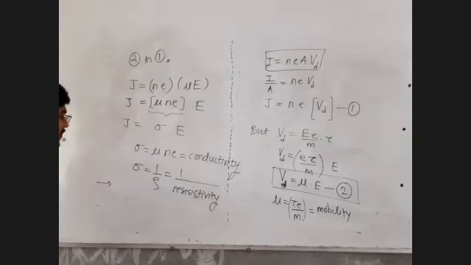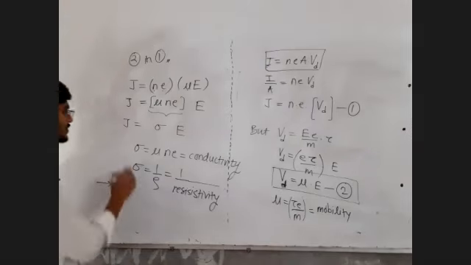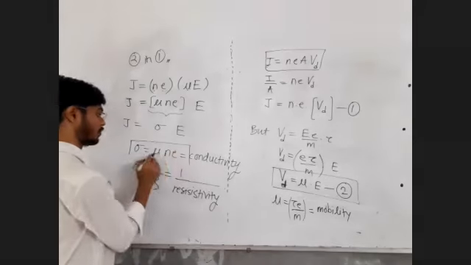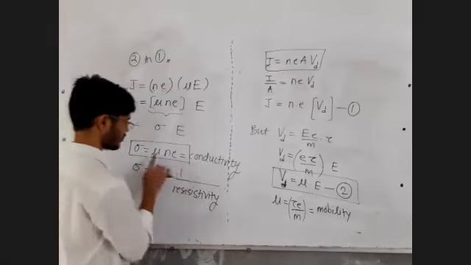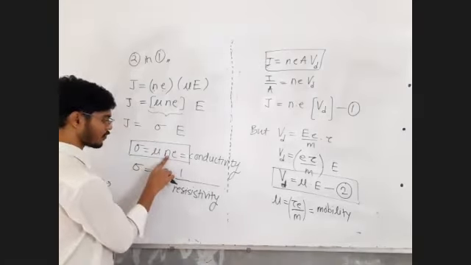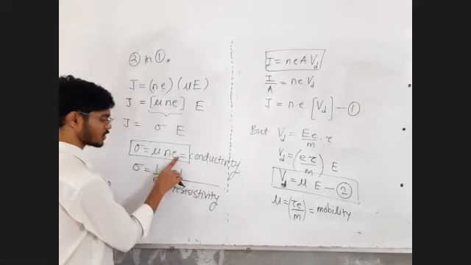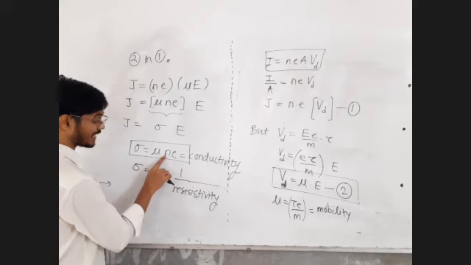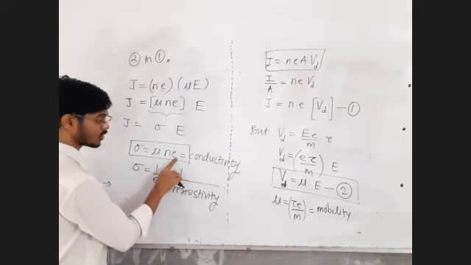So sigma is equal to mu n e. Mobility, number of charge carriers per unit volume, into charge on a single charge carrier.